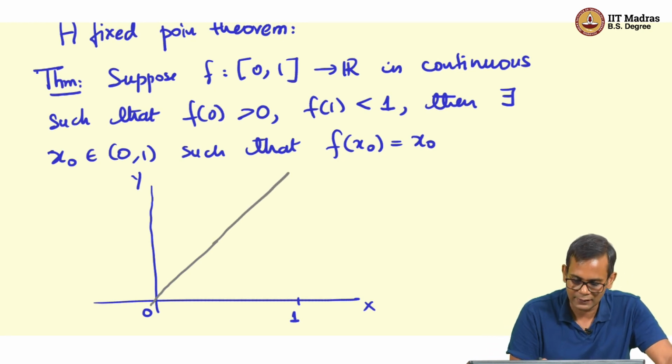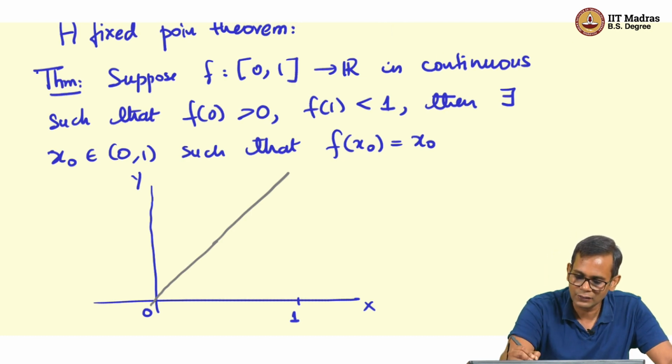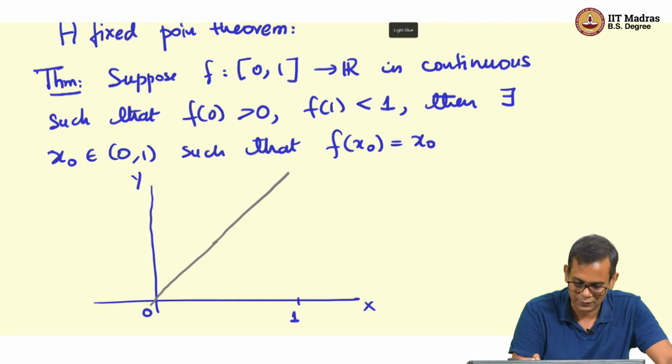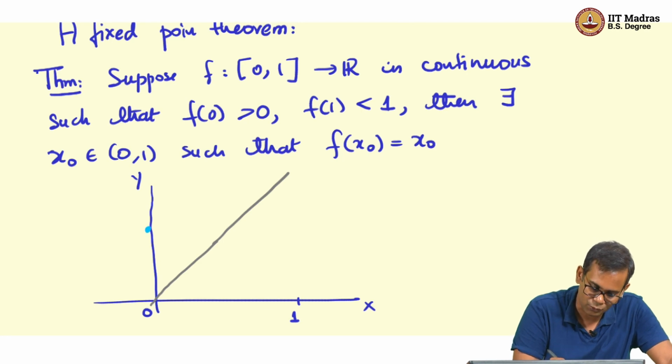So, this is just a diagonal line at an angle of 45 degrees, and let us also draw the graph of our function f. So, all we know is that at x equals 0, this function has some positive value. So, something here, it could be even higher up, and at x equals 1, it has some value less than 1.